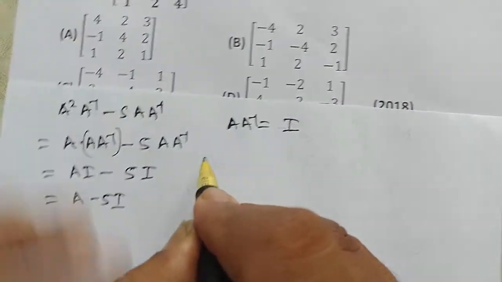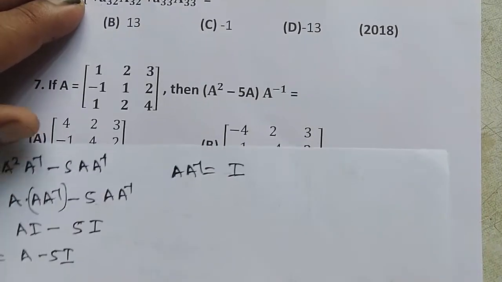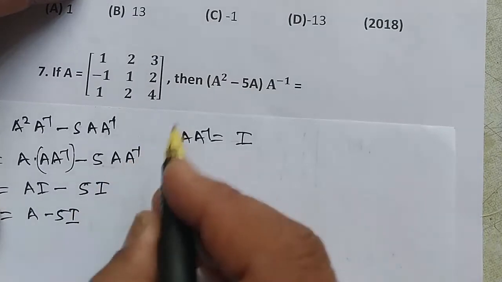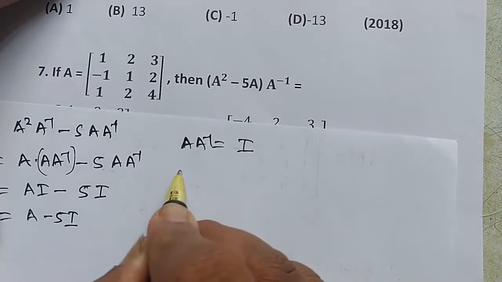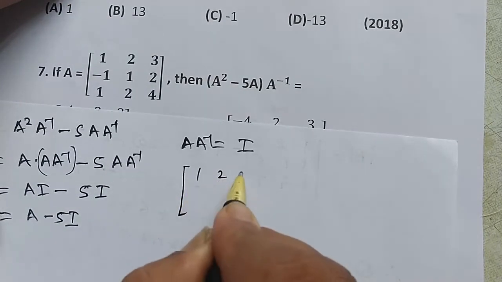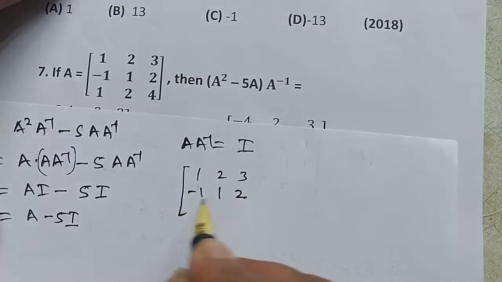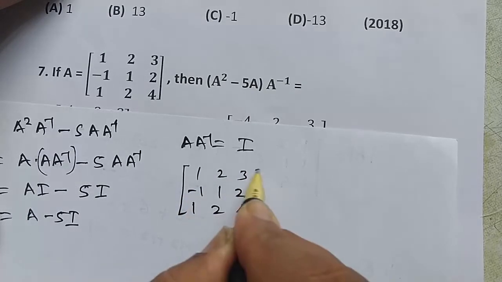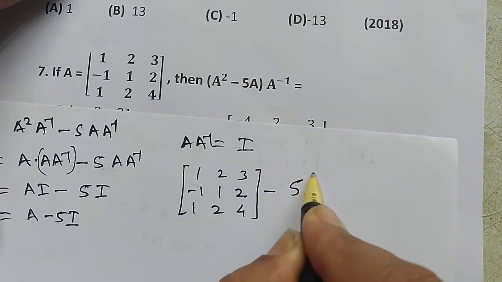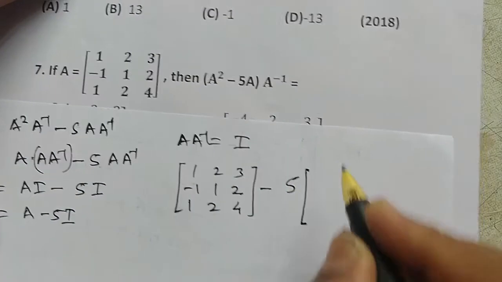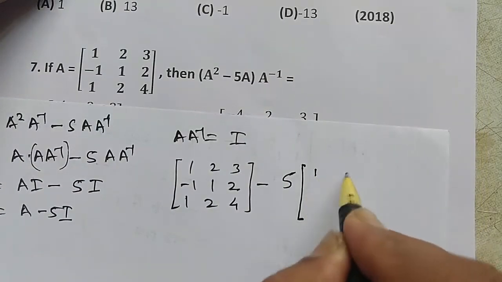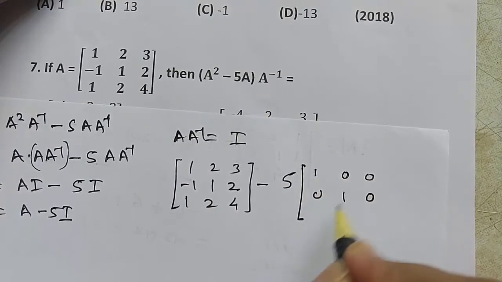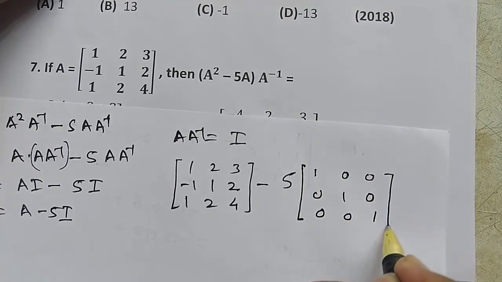Given matrix is [1 2 3; -1 1 2; 1 2 4] minus 5 into identity matrix [1 0 0; 0 1 0; 0 0 1].